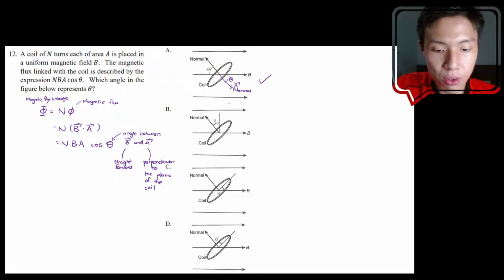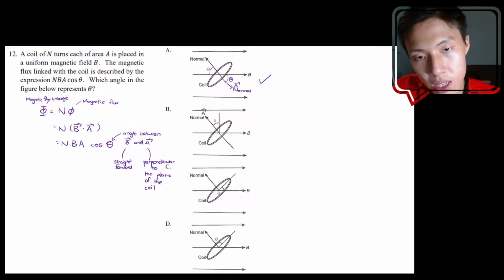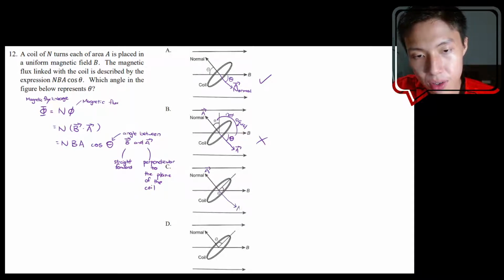Okay, if you look over here, this will be the area vector, or this will be the area vector, one of it. We can see that this angle over here is definitely not equal to that angle over there. So not this one. So this one will either be the area vector, or this one can be the area vector as well.